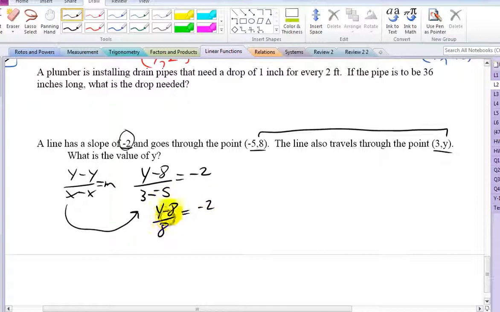How do we get rid of divide by 8? Times it by 8. So y minus 8 equals -16. Times it by 8. Now how do I get rid of a minus 8? I add. So y equals -8. There's your answer.